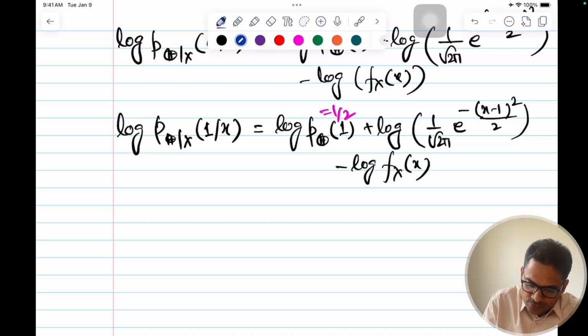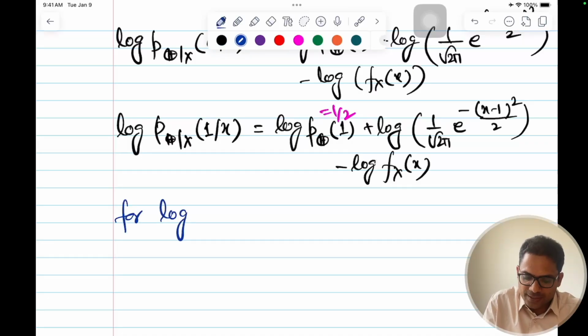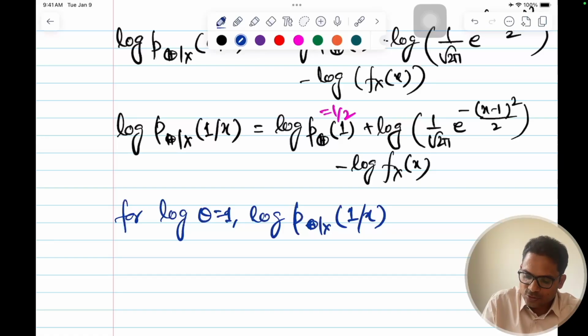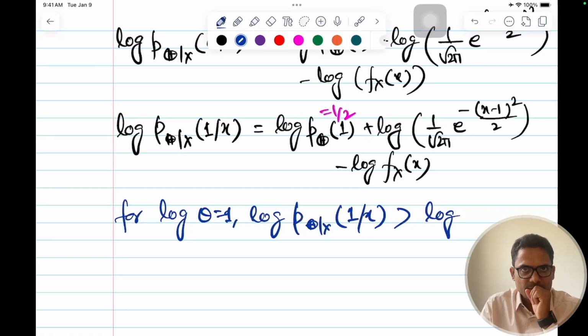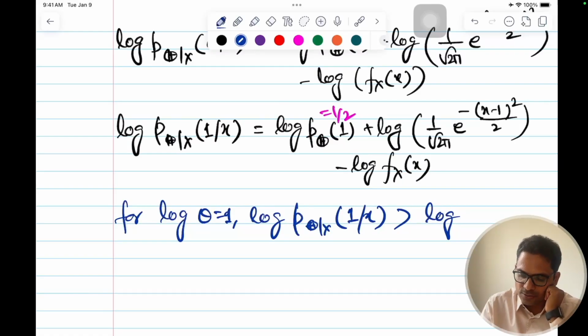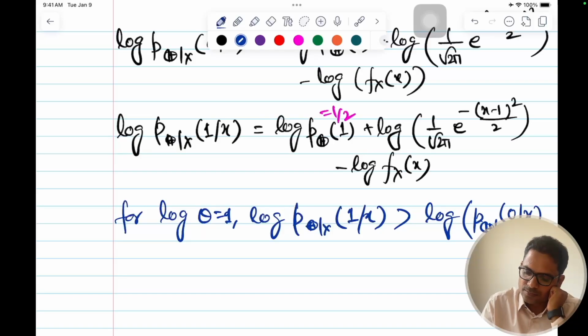And now for one case, for theta equal to 1, log of p theta given x, 1 given x should be greater than, if I want that one side is greater, assuming, log of p theta given x, 0 given x.